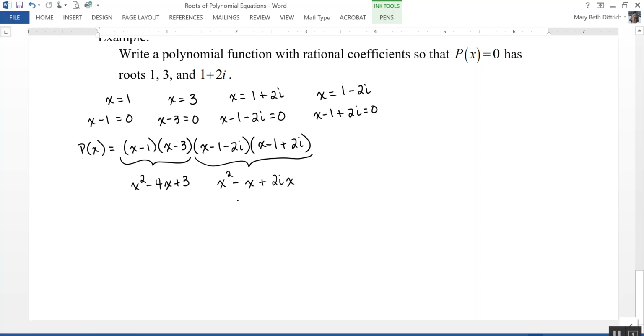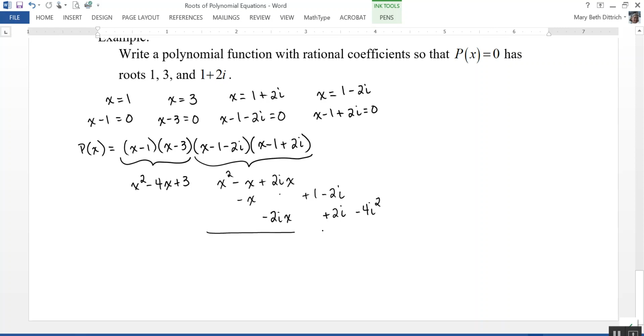So negative 1 times x, negative 1 times negative 1, and negative 1 times 2i, and then negative 2i times each one of those. So negative 2ix, I'm going to put that in the third column, third row here. Then negative 2i times negative 1, and then negative 2i times a positive 2i, that's going to give me a negative 4i squared.